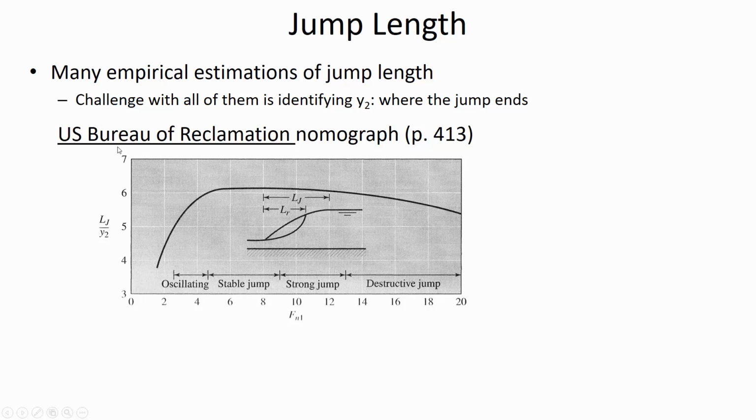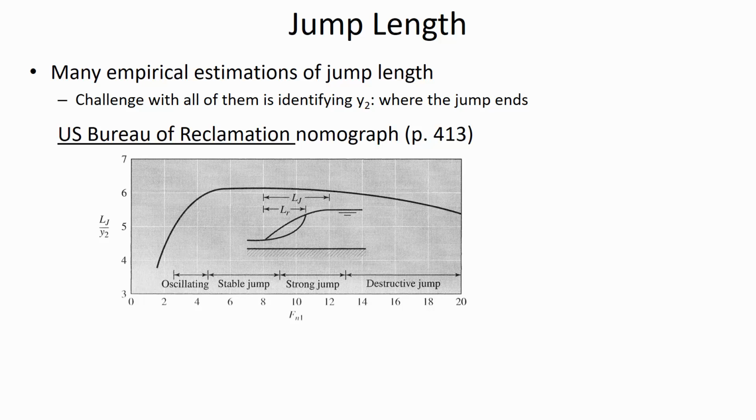Now, one way of finding out the length of the jump is to use this nomograph where the Bureau of Reclamation has provided some pre-solved solutions that are based on the Froude number. So you'd calculate the Froude number upstream before the hydraulic jump, and then you'd go over here, up, sideways off of the curve, and then on the vertical axis is the ratio of the length of the jump to the downstream depth, y2.